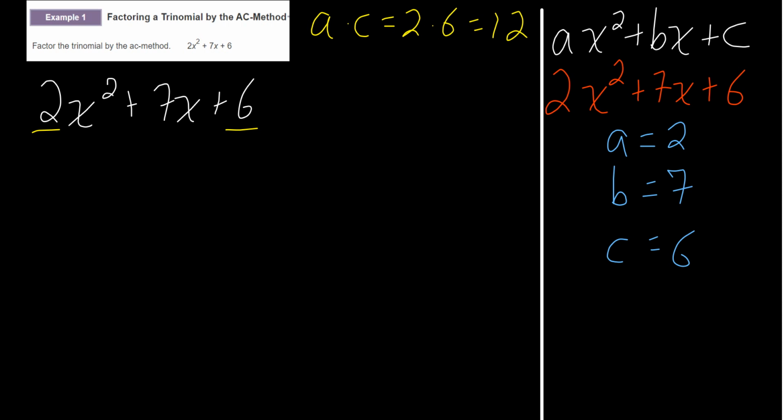Again, I do encourage you to go about the same way I do. That way we can very easily do our AC method here. So I did A times C. A times C is 2 times 6, and 2 times 6 is 12. So what I'm going to do is my factors of 12, which are 1 times 12, 2 times 6, 3 times 4.